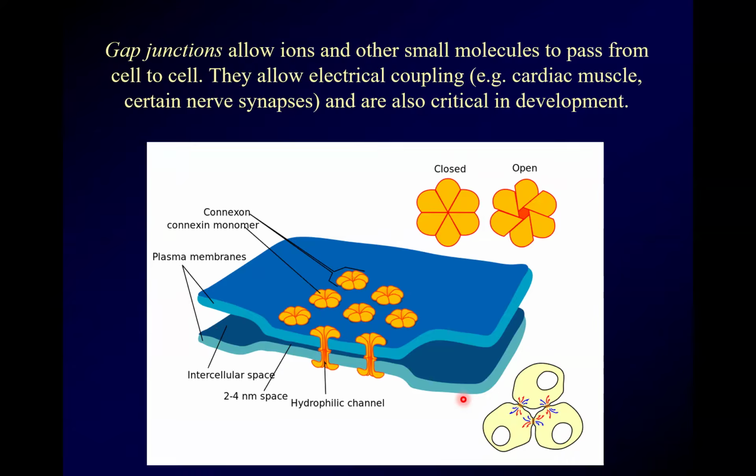Heart muscle cells pick up a stimulus, ultimately from a little lump of modified cells called the sinoatrial node. And heart muscle cells pass along this stimulus in a very particular pattern, which is what enables the heart to beat in the very precise way that it does. So that's made possible with gap junctions.